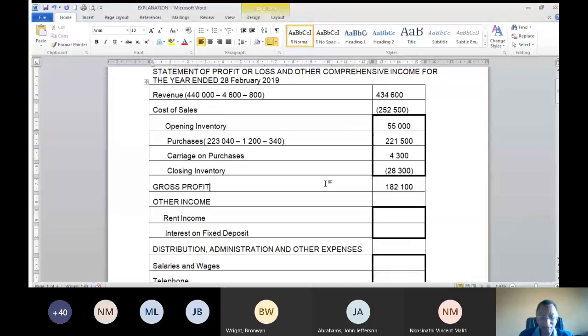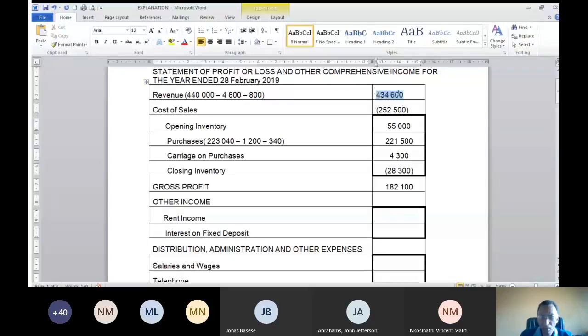That information you will get under your additional information. So guys, now we have calculated the cost of sales. Cost of sales is equal to the opening inventory plus the purchases plus the carriage on purchases minus the closing inventory.